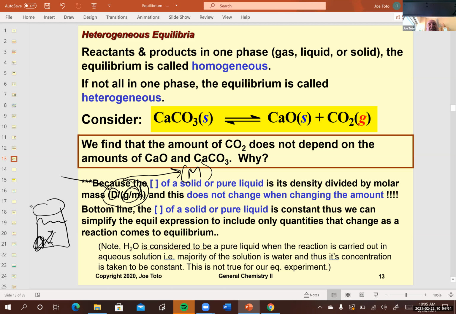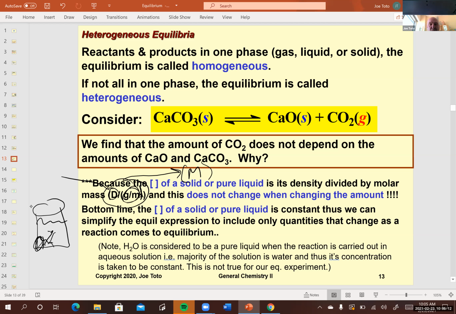So what is done in science is to incorporate any constants in concentration into the equilibrium constant and post that online or in your textbook.